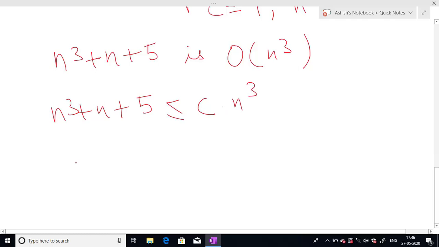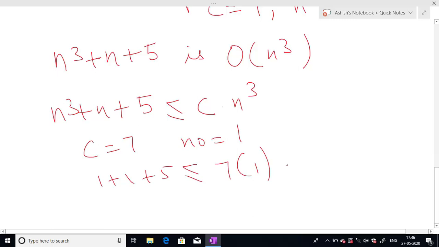If we take c equals 7 and n naught equal to 1, we check 1 plus 1 plus 5 less than or equal to 7 into 1, which is true. If we increase the value of n naught, this condition will always be true. So we can say that for c equals 7 and for all n greater than or equal to 1, our condition is true.